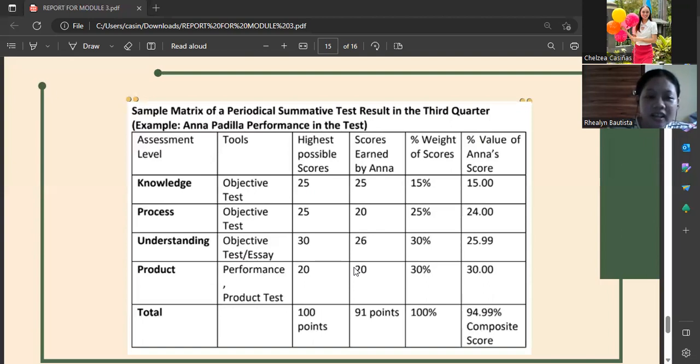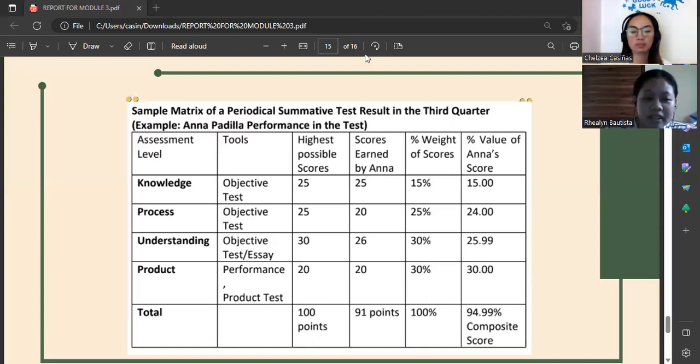Sa process, sa 25, ang kanya nakuha is 20. So, ang equivalent nun is 24%. Sa understanding, ang nakuha niya ay 26. So, ang equivalent niya is 25.99. And dito naman sa product, ang nakuha niya ay 20. 20 din siya. So, means perfect siya. Ang ibig sabihin nun ay 30% siya.